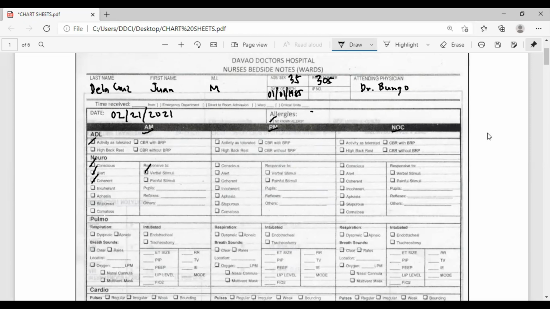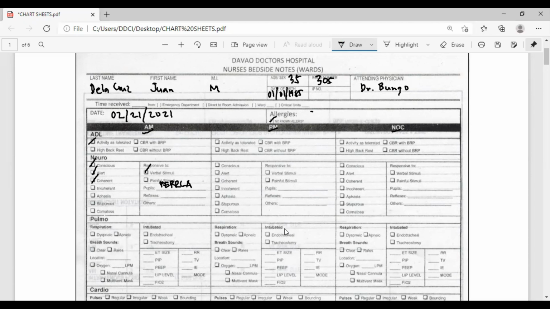Pupils, you can put here pupils are equally round and reactive to light accommodation, or PERLA. Okay, so for the pulmo, you have here respiration, dyspneic, apneic, or are the breath sounds clear or has rales. So for the patient, if there's no dyspnea or apnea, you can leave it blank.